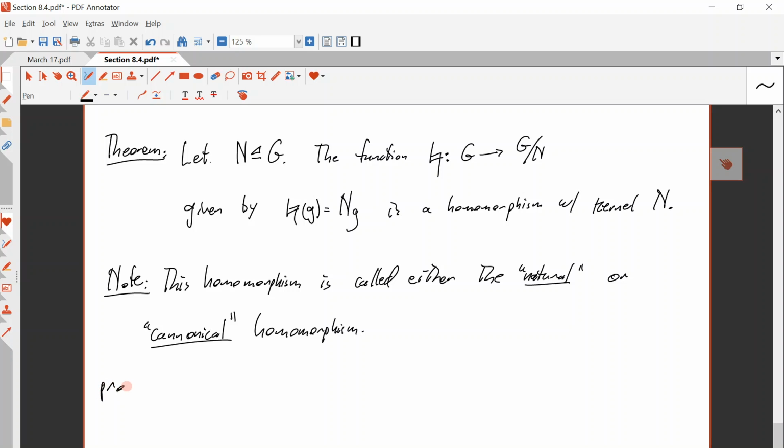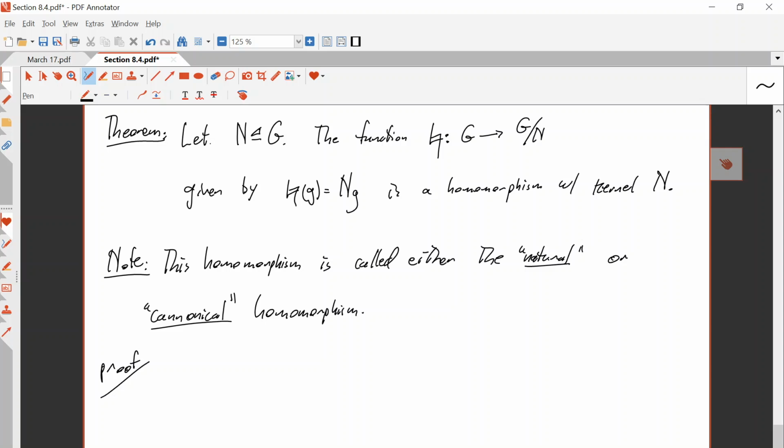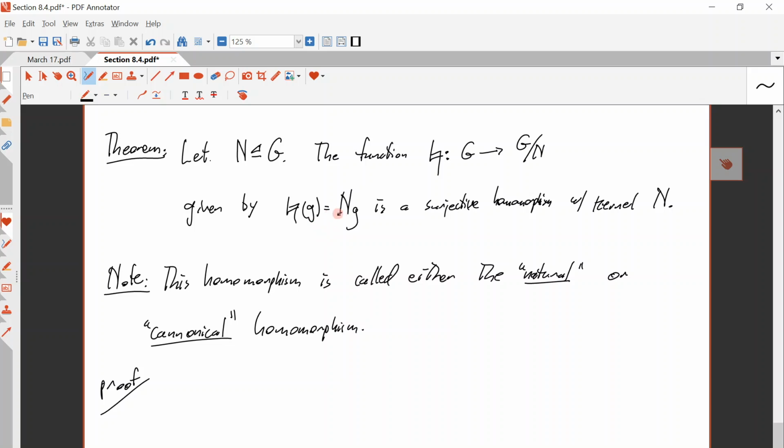All right, proof. The natural map is a surjective homomorphism, surjective, meaning onto, with kernel equal to N. Okay, well, being surjective is just built into the definition because G mod N is the set of all cosets, right cosets Ng, or left cosets if you like left cosets.